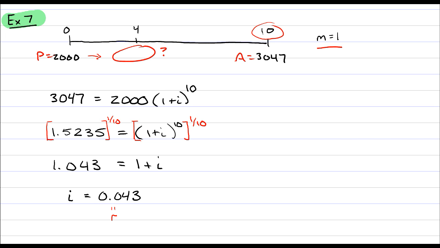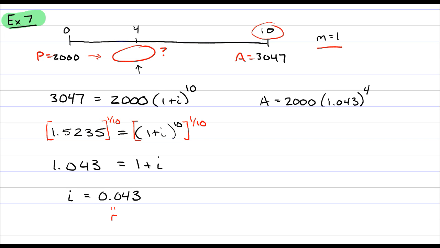Either way, though, once I know I, I can accumulate forward to figure out the value at t equals 4. Doing that over to the side here, my accumulated value is going to be equal to my initial investment times 1 plus the interest rate raised to t, or raised to n, the number of years.